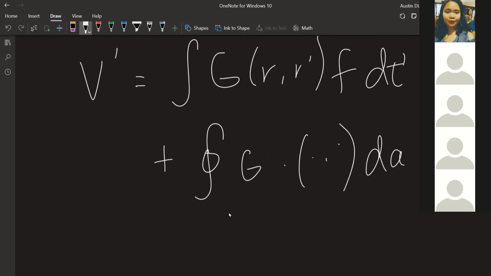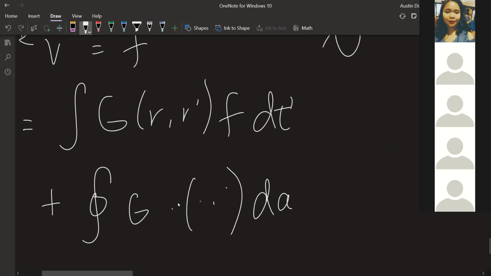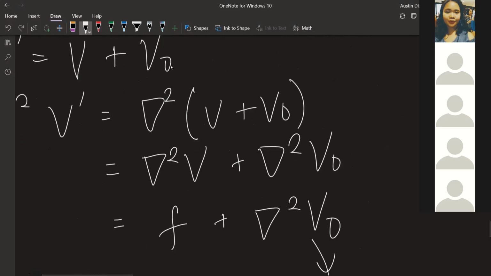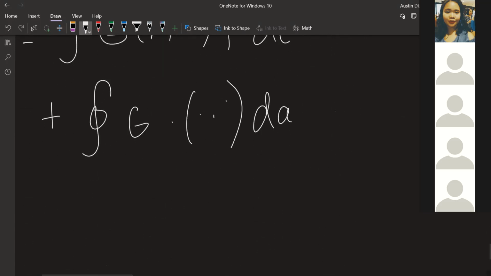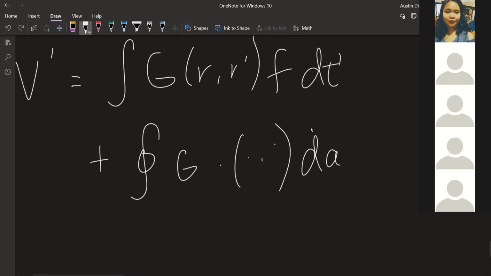Okay? In general, may extra term na nilalagay. Kasi nga, pwede tayong mag-solve ng ganito. Pwede tayo magdagdag ng potential, na adjustment na potential. Okay? So you need to find out what is this, the general form, the whole.